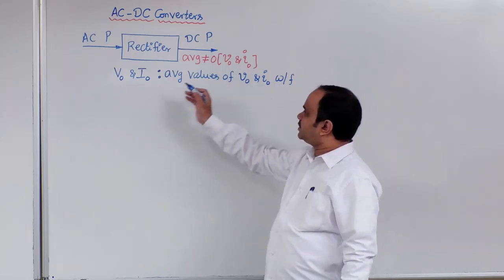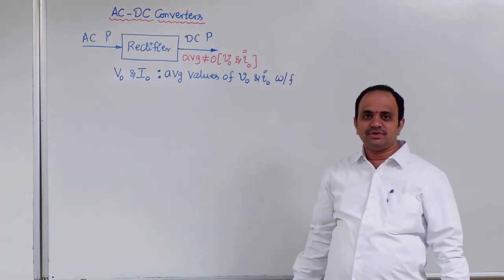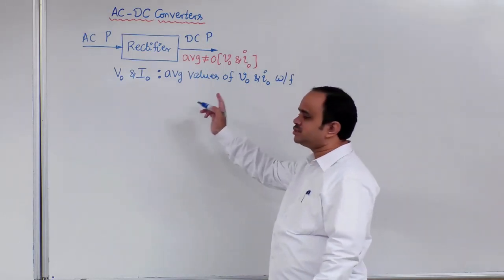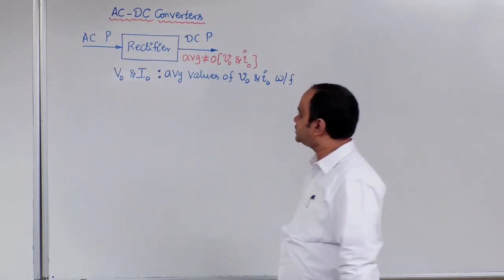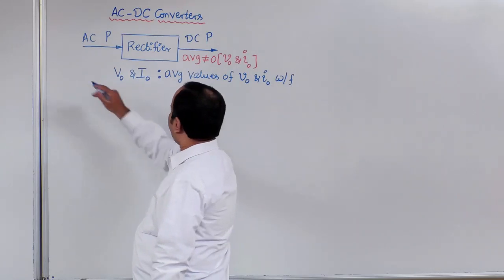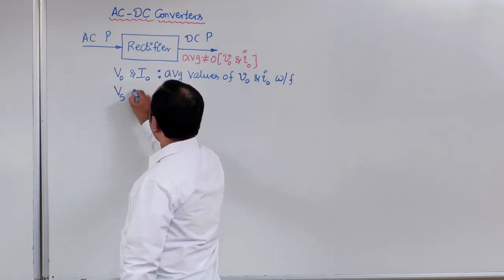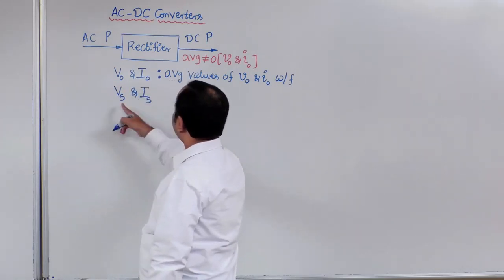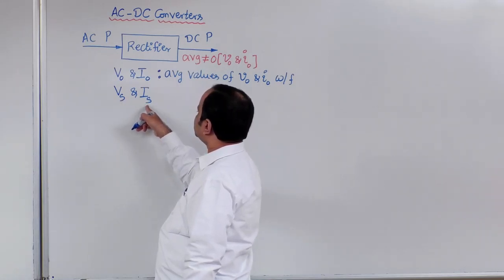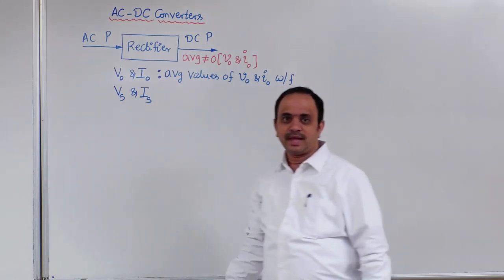So don't write capital V or small v casually as per your wish. Follow this notation strictly to understand the subject. On the input side, which is AC, RMS values are important: source voltage and source current RMS values, in capital letters.